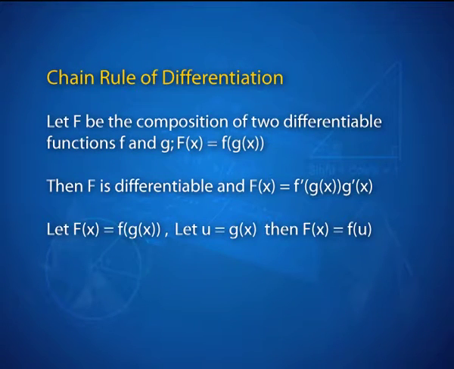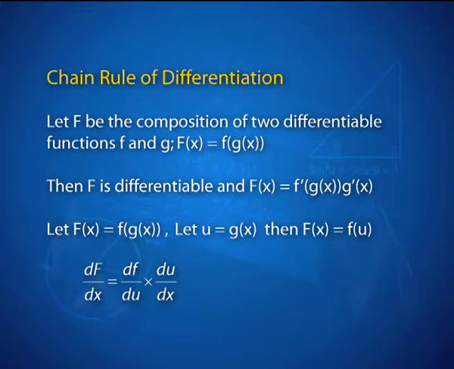Sounds confusing. Let us take another look at the same definition restated. Suppose capital F is the composition of small f and g, and let us call u to be g of x. Try to relate it to the picture that you had seen just a minute earlier. Then F of x is f of u, right?